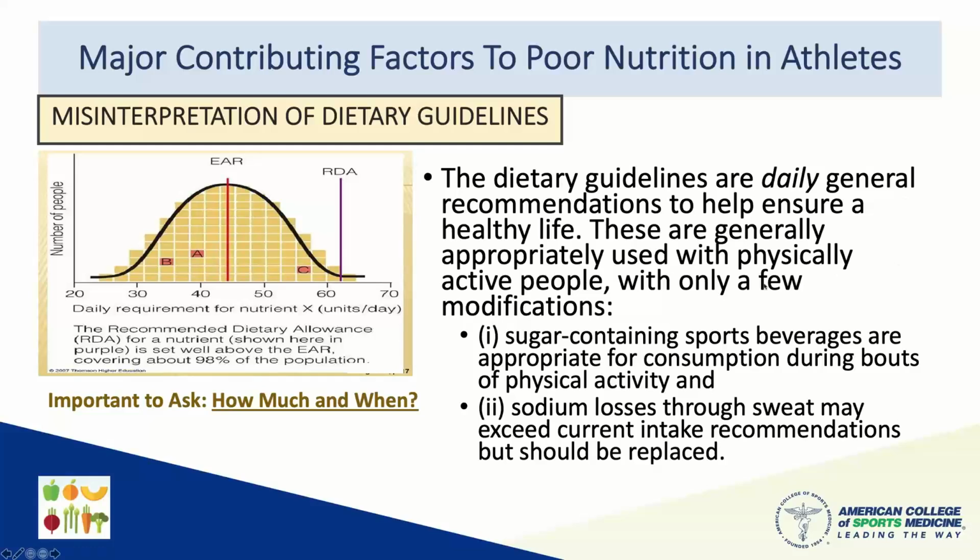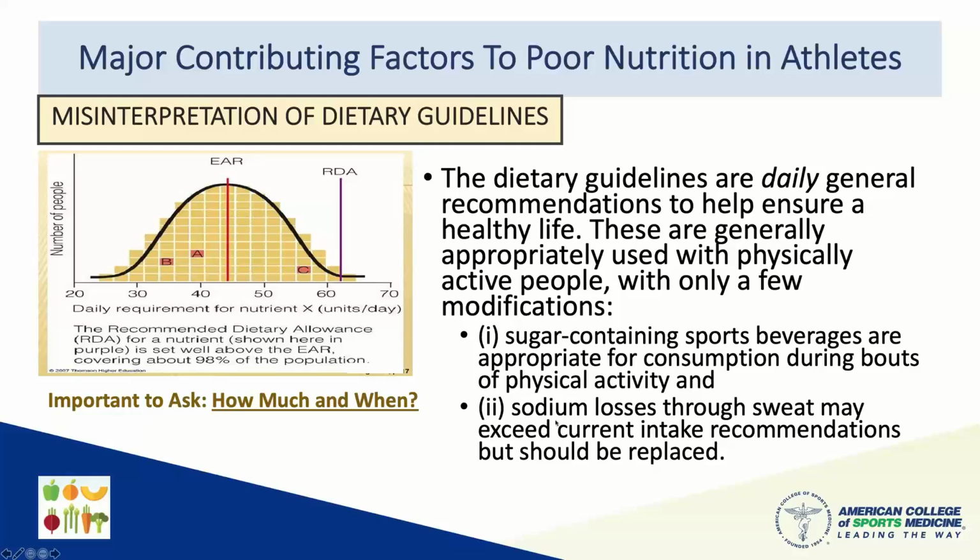Physically active people maybe only need to modify a couple of those things. One is that sugar-containing sports beverages are appropriate for consuming during bouts of physical activity, right? So the recommendation that you inhibit sugar intake, I agree with that completely if you're not exercising. But if you're exercising, the rate of blood sugar utilization and muscle glycogen utilization is sufficiently high that having a strategy for mediating the loss by having some sports beverage, sipping on it at the right times, is very appropriate.